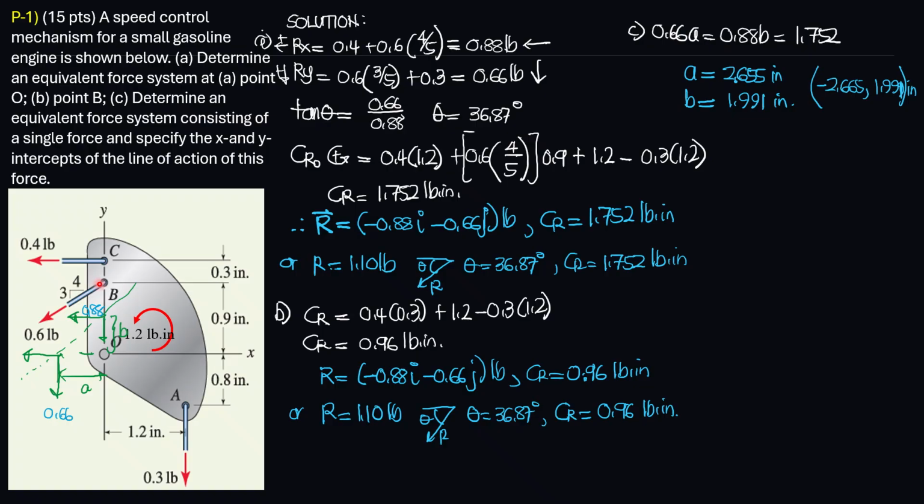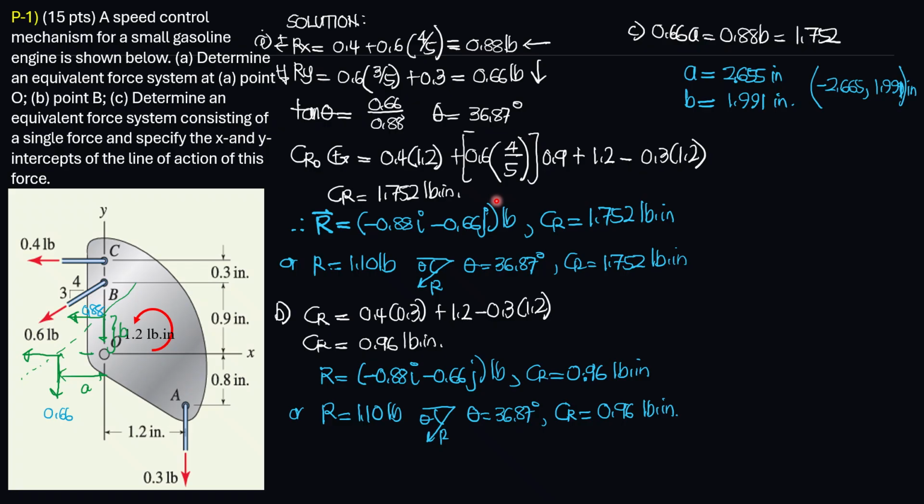The horizontal component is 0.6 times 4 over 5, and the moment arm distance is 0.9. Then plus this couple 1.2, then minus the moment of the 0.3 pound force, which is clockwise, 0.3 times 1.2. Combining, the resultant couple is 1.752 pound-inch, meaning counterclockwise.